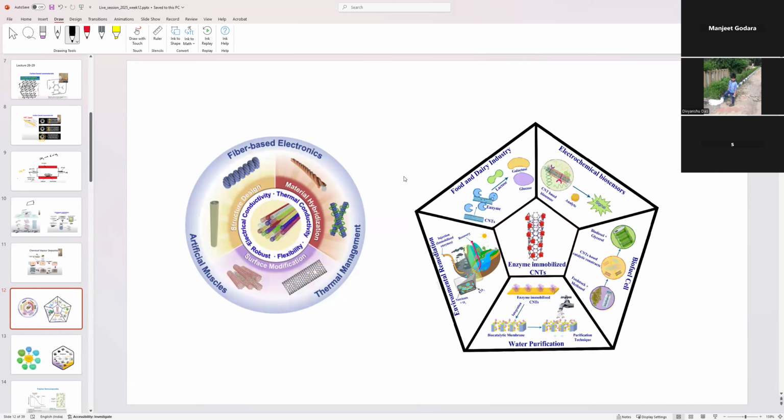There are a wide variety of applications for graphene. They have this thing called aspect ratio, which is length by diameter.